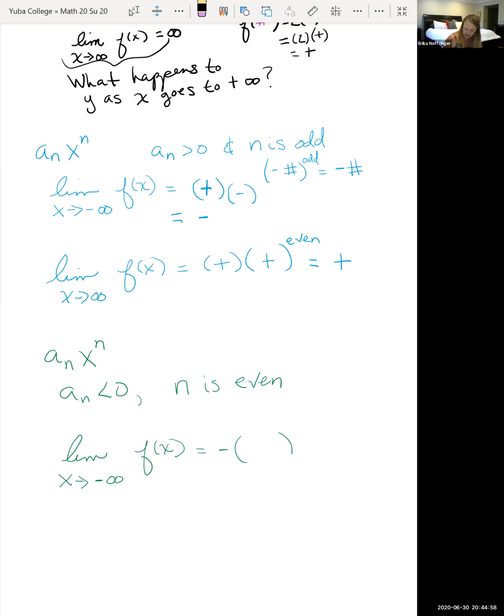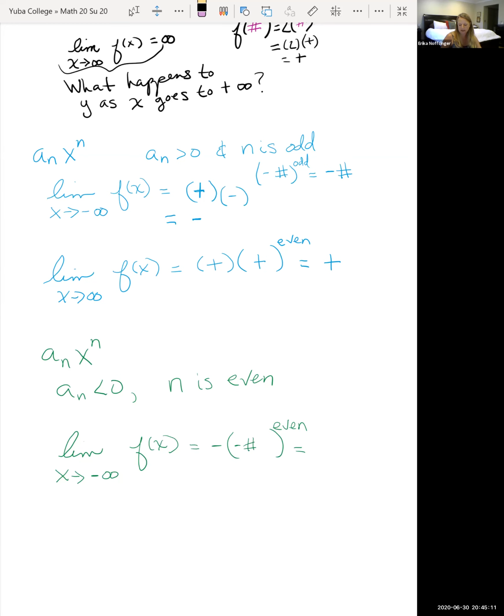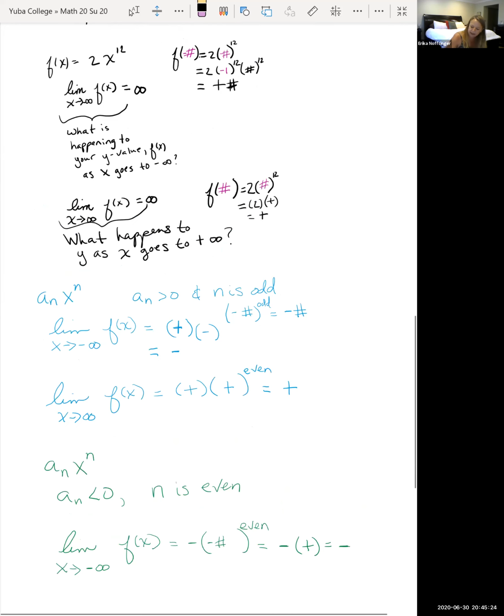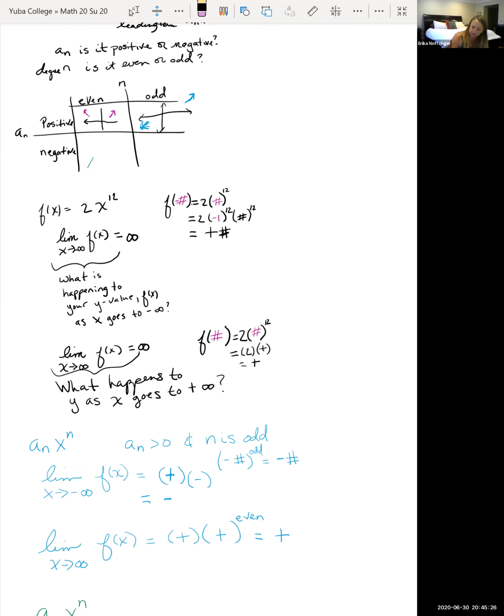And then we're taking a negative number and raising it to an even power. So exponents come first before multiplication. So a negative number raised to an even power, well, that's going to end up becoming positive. So we have a negative times a positive, which ends up being a negative number. So graphically, as x goes to negative infinity, gets smaller and smaller and smaller, so does our y value.